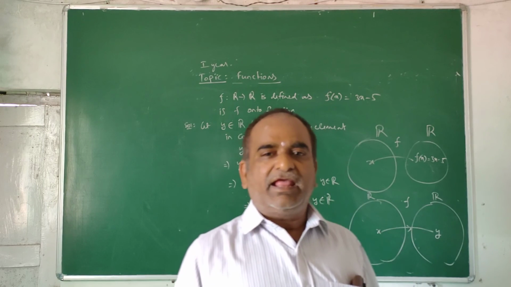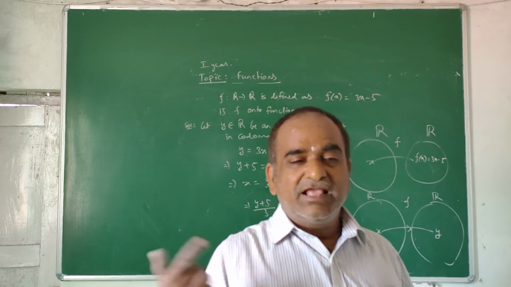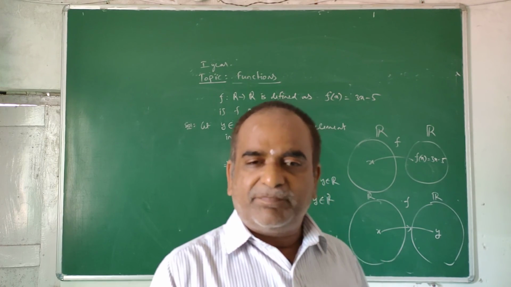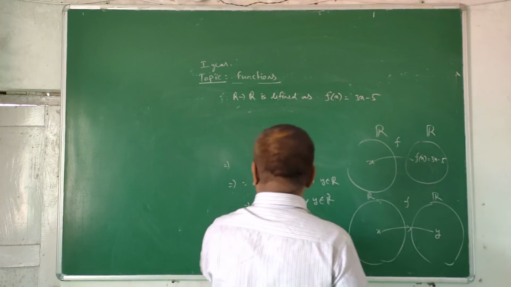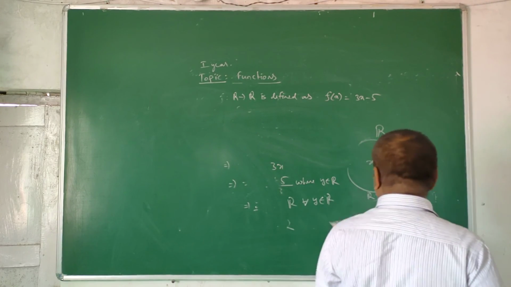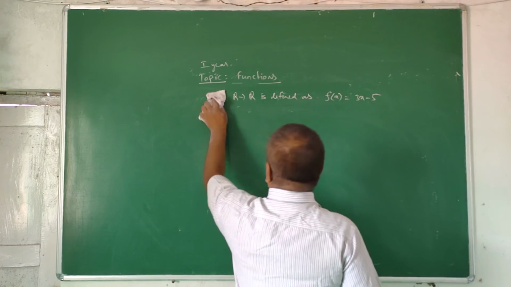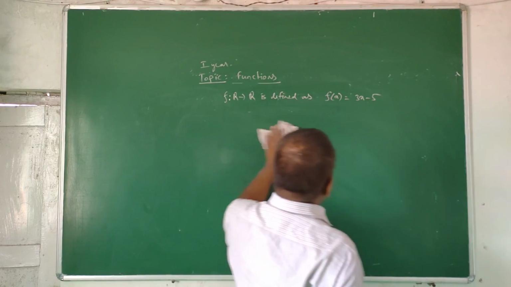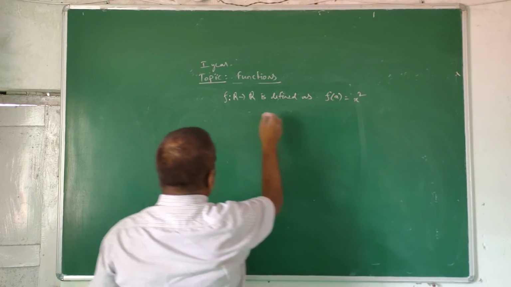Now let us take an example for which it is not an onto function. Proving not onto is very simple, as I previously explained. Now let us take one more problem. f from R to R is defined as f of x is equal to x squared.